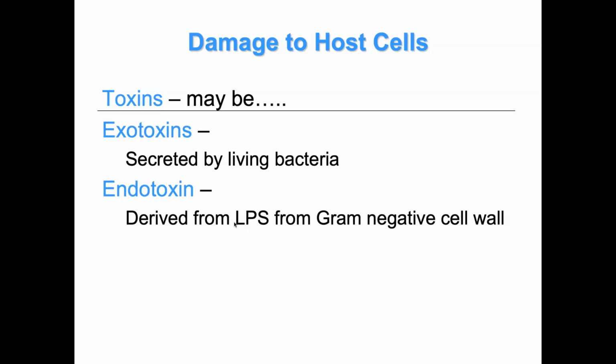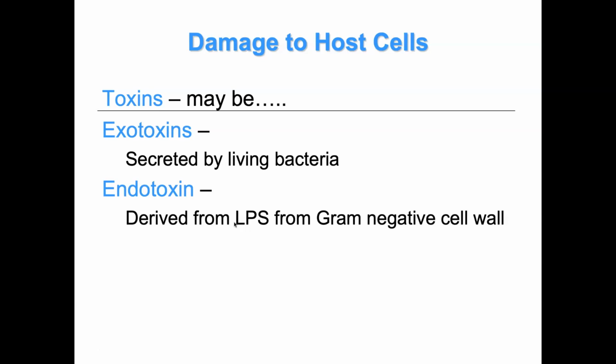The other type of toxins that microorganisms can have are endotoxins, and usually these are natural compounds found inside of the bacteria, and they're released mainly when the bacteria is lysed. So LPS, we've talked about LPS.